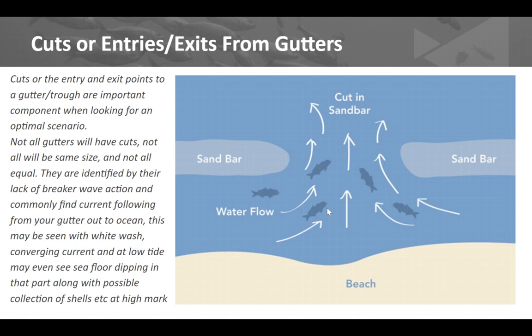So a cut is where you've got an entry between two sandbars like this, which allows fish to come in and out of that gutter that runs along here, so that it can feed on what comes through from the sandbar. And these are identified by the lack of wave action or breaking wave action, and you'll commonly find them.